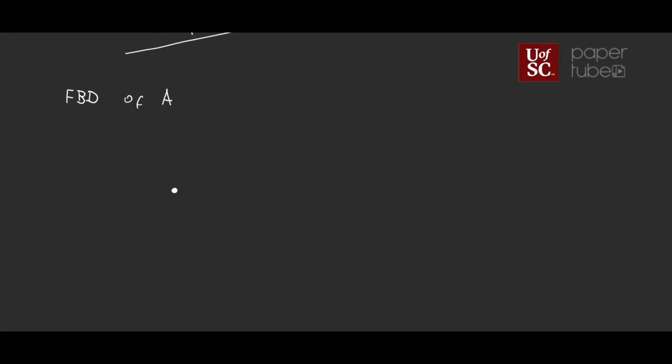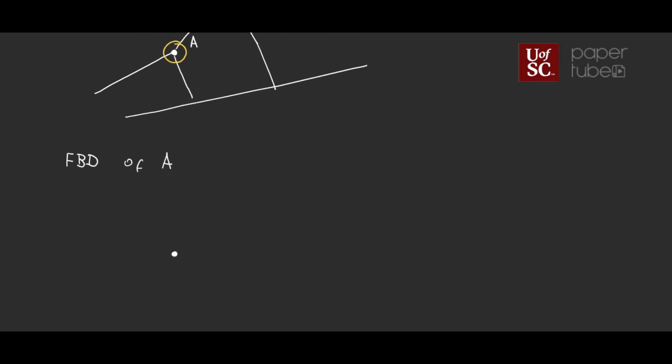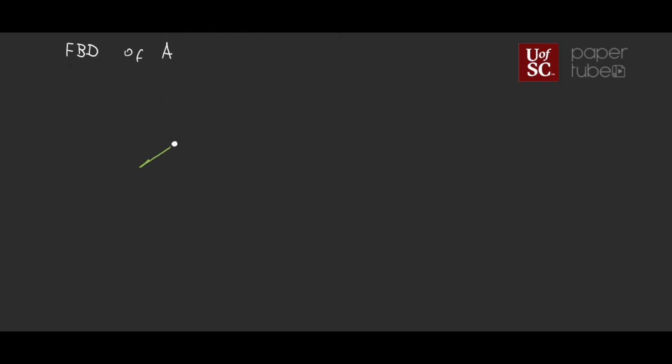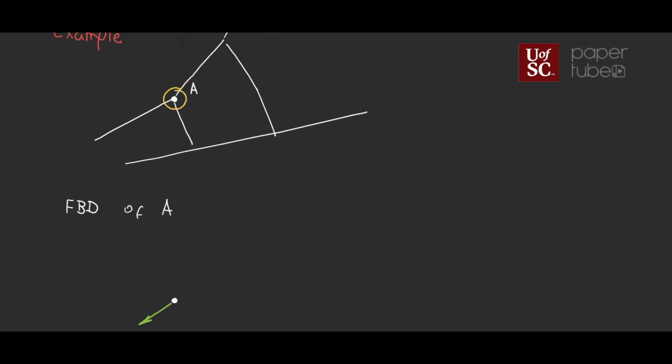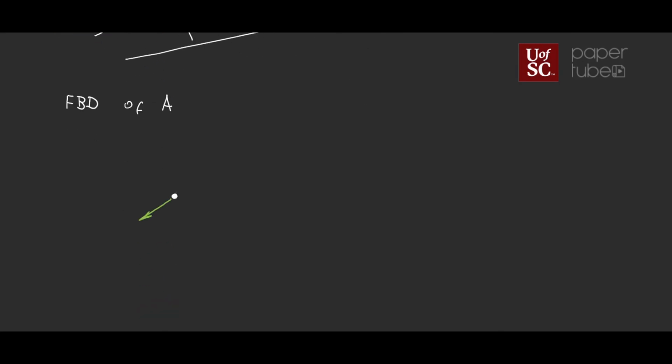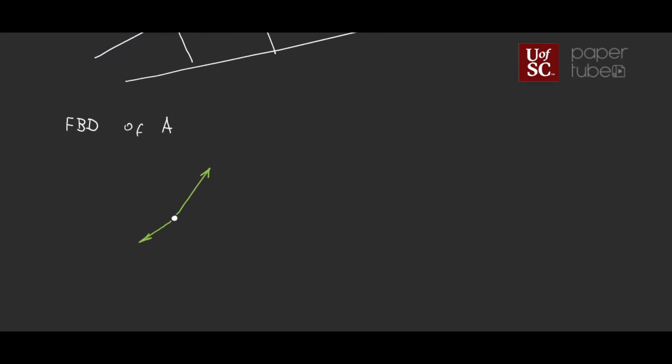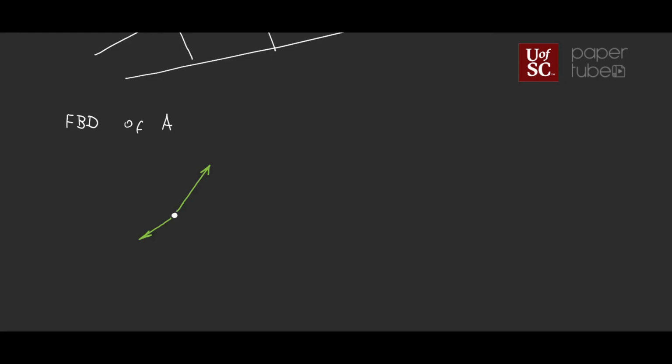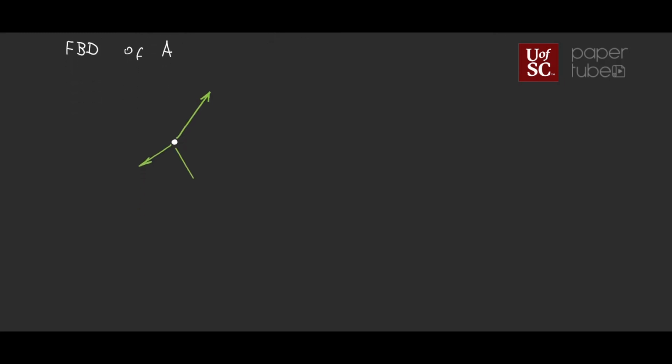Based on that plot of the diagram on the top, I see that I have a cable coming in this direction, and that's going to pull my particle in this direction. There's another cable going in this direction that's going to pull my particle in that direction. There's going to be a cable in this other direction, and that's going to pull my particle in that direction.